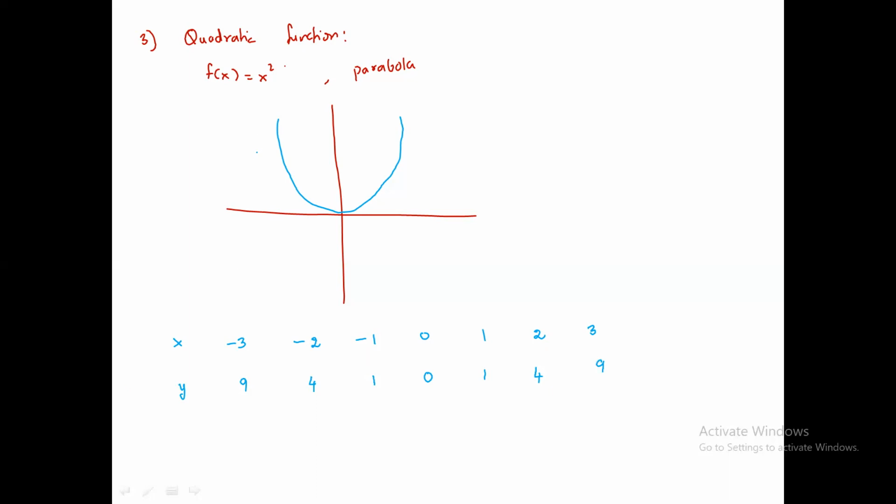So we are plotting all these points like -3, 9, -2, 4, -1, 1, 0, 0, 1, 1, 2, 4, 3, 9, and when you join, you get this parabola.